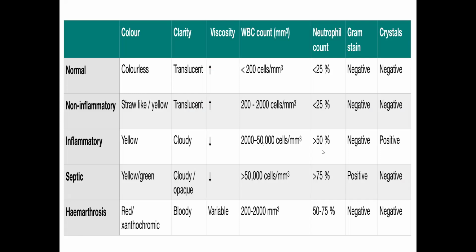Inflammatory, like gout, for example, you can have a high neutrophilic count, but it doesn't exceed 75%, usually above 50%, and positive for crystals.